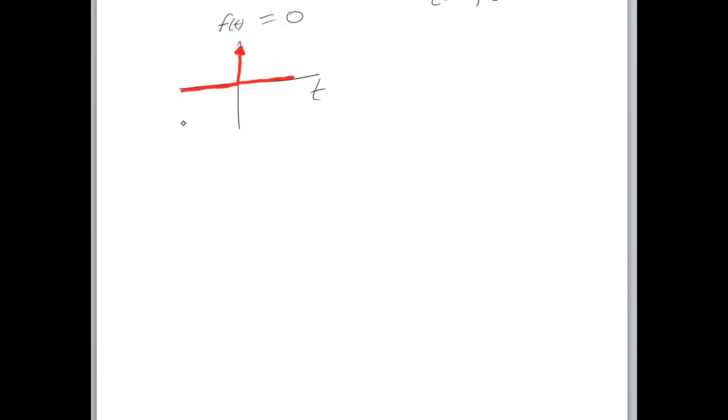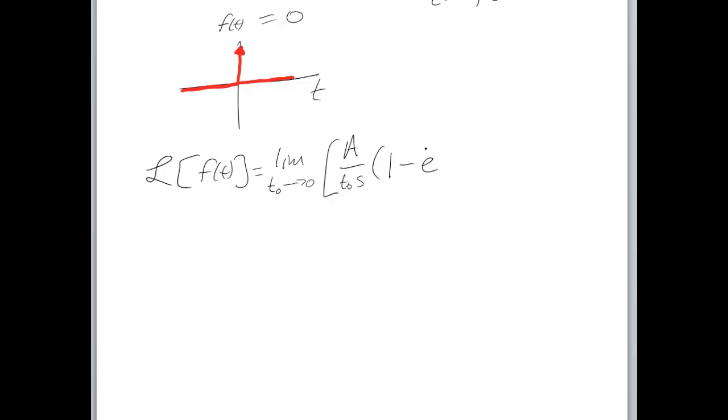So now let's take the Laplace transform. So this one's a little bit different than the ones in the past, but the Laplace transform of our function f of t, which is the limit as t0 approaches 0, so as that pulse becomes smaller to the point where the pulse duration is 0, of a divided by t0 times s times a quantity of 1 minus e to the minus s t sub 0.